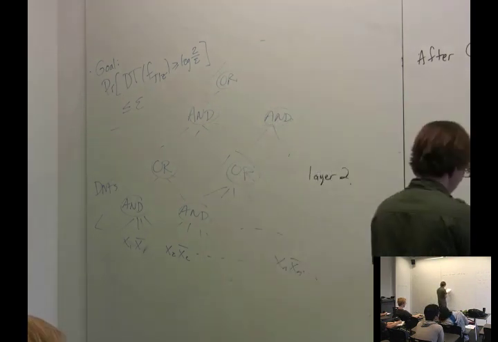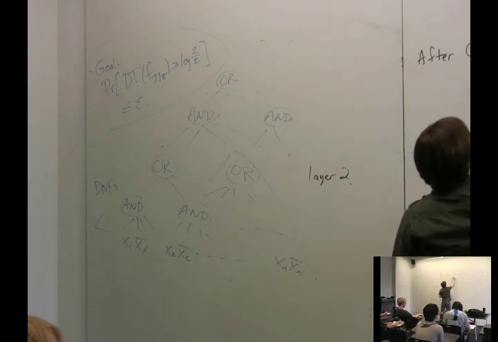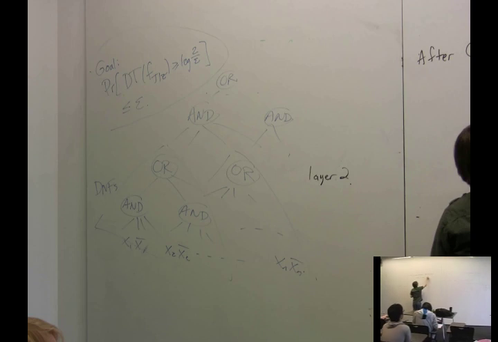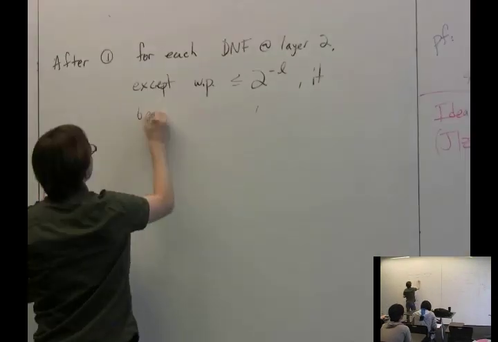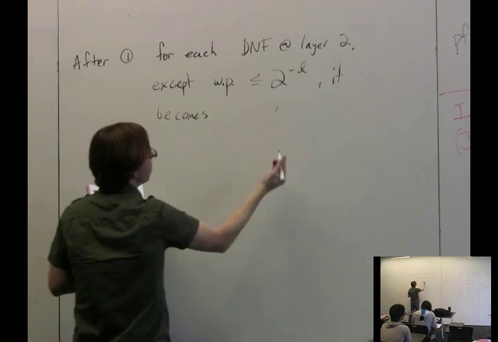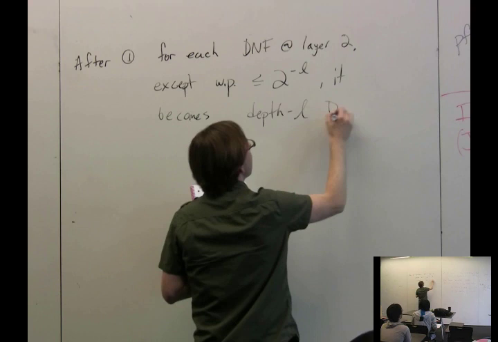And it's going to be L. So except with probability at most 2 to the minus L, it becomes computable by a depth L decision tree.